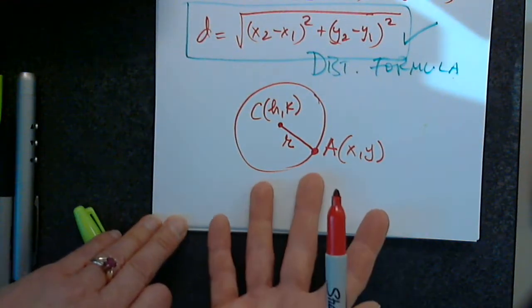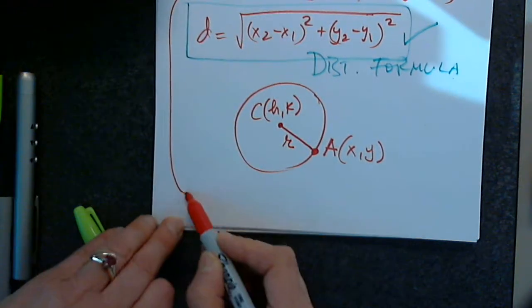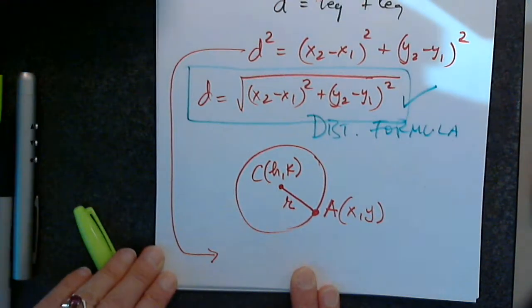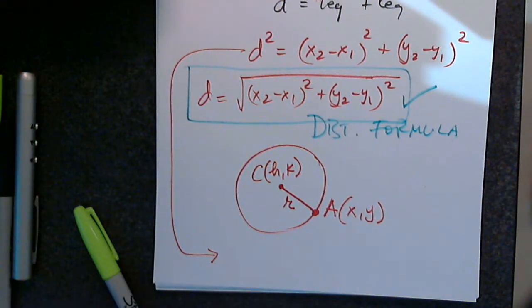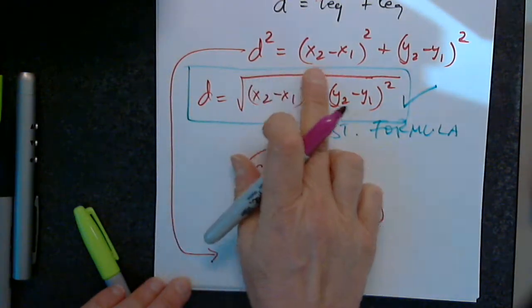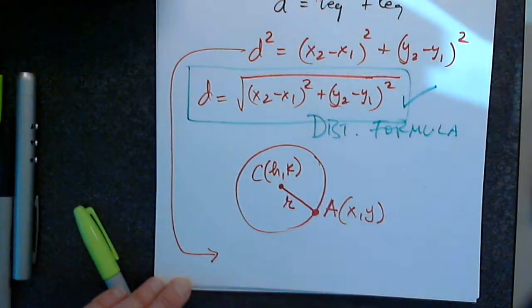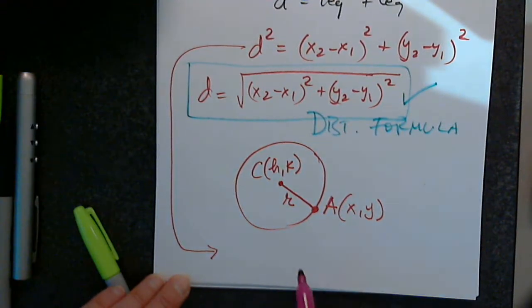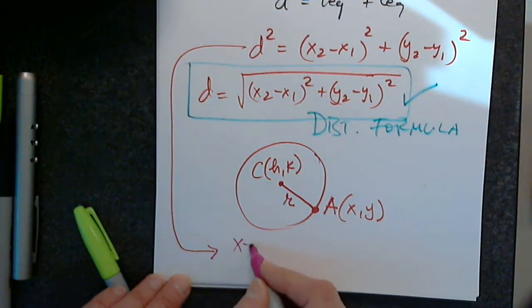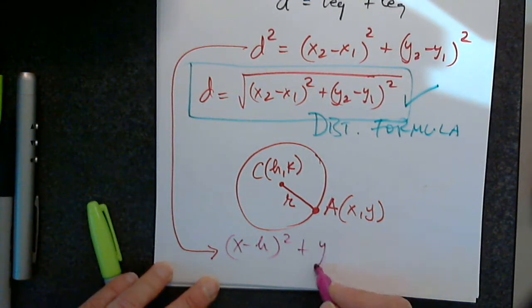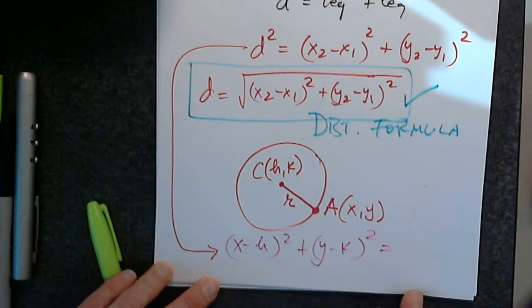And I would like you to dictate this equation using the notation we have now. Yes, but this one, not with the square root. It's the same, but I prefer this one. You'll see in a minute why. Yes, x minus h, everything squared, plus y minus k squared equals r squared.